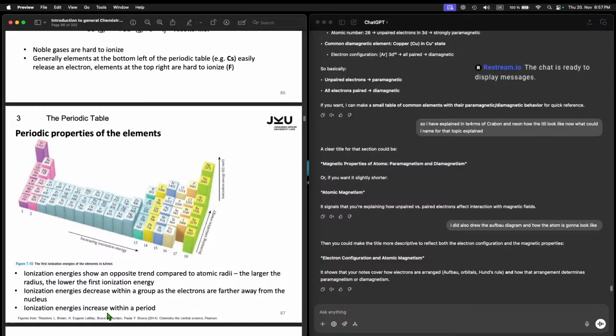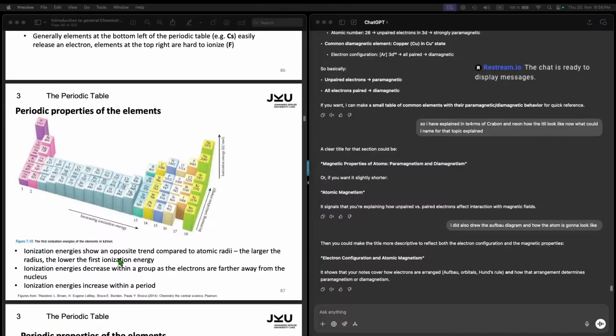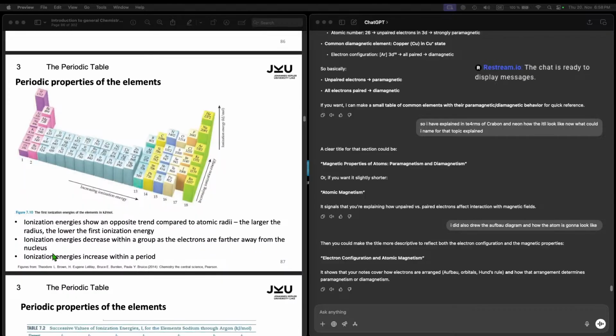Ionization energies increase within a period.